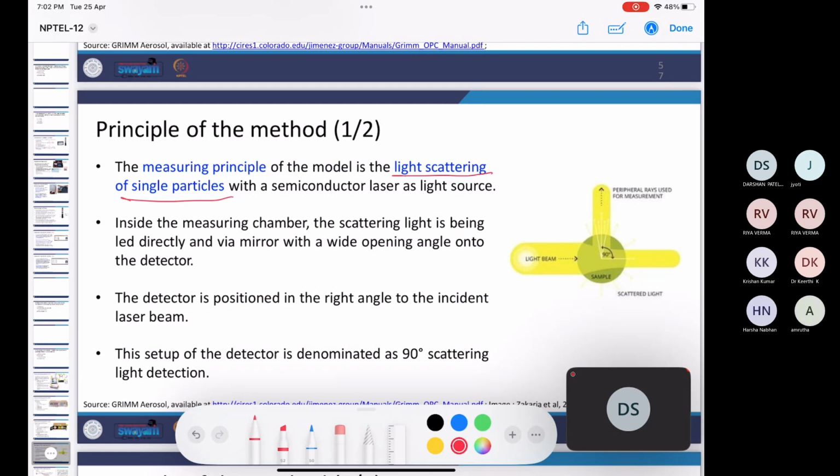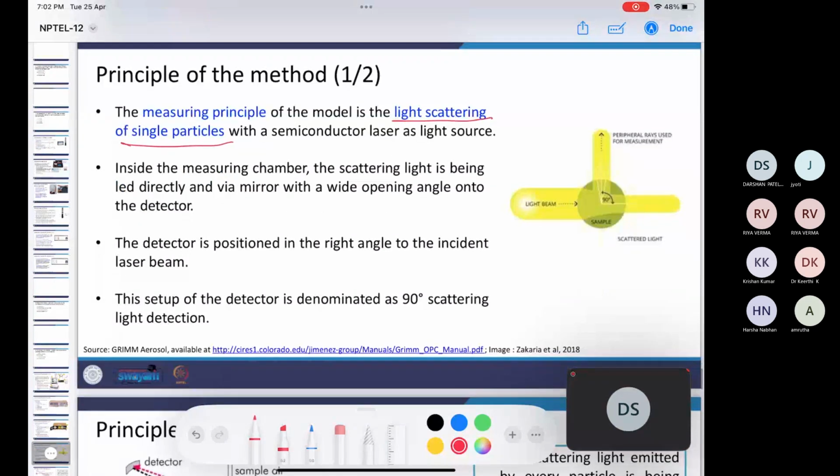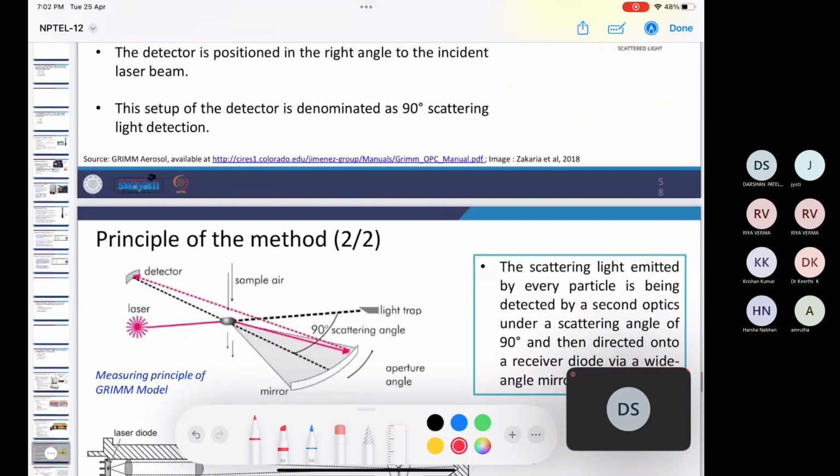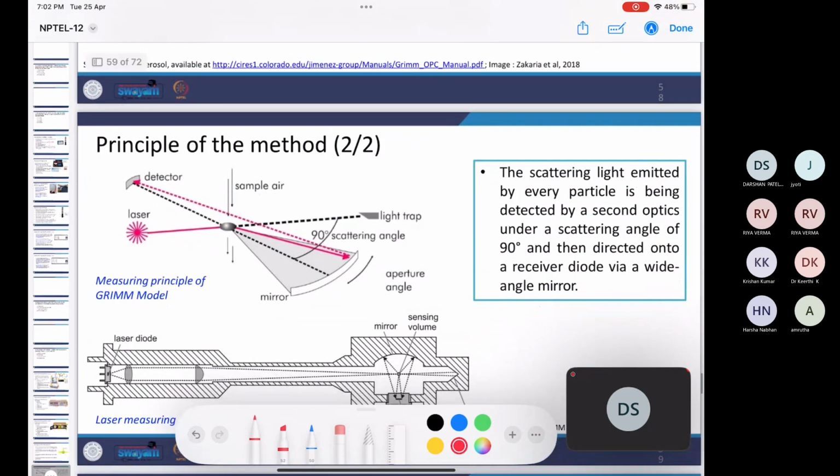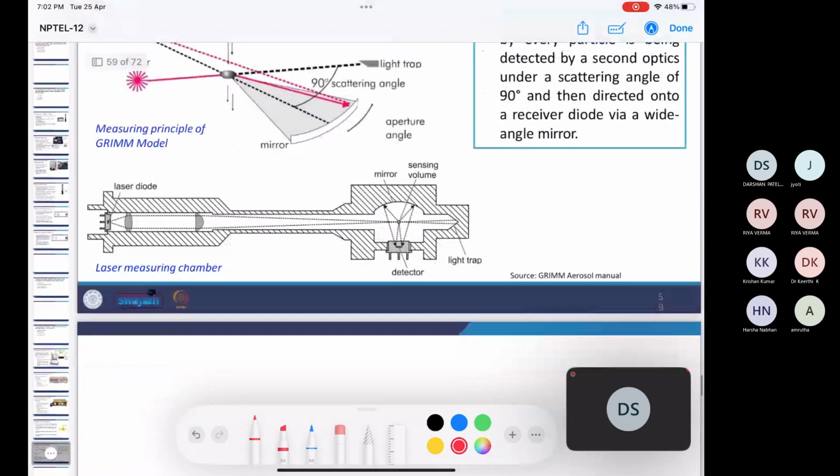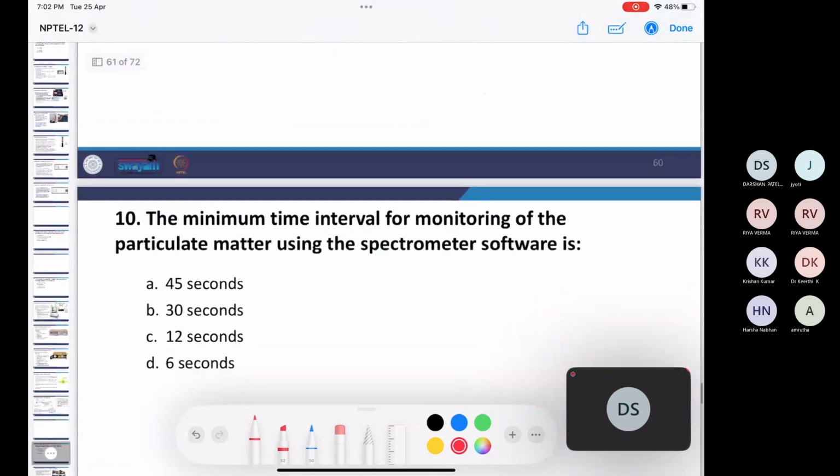Inside this measuring chamber, the scattering light is led directly via a mirror with a wide opening angle onto the detector. The detector is positioned at a right angle to the incident laser beam, and this setup of the detector is denominated as 90-degree scattering light detection. So this is the principle of this method.